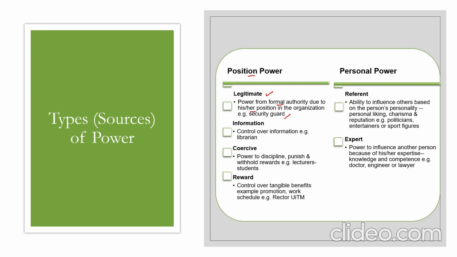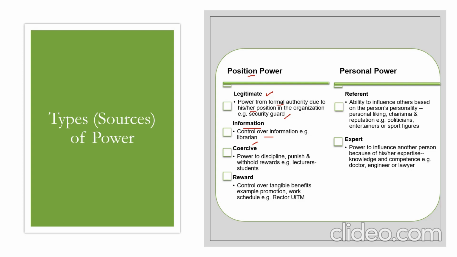Then the second type of position power is the information power. The information power is the power to control over information, such as the librarian, pustakawan. A very simple example is the librarian, because the librarian deals with information a lot in their daily tasks. So they have power to control the information.